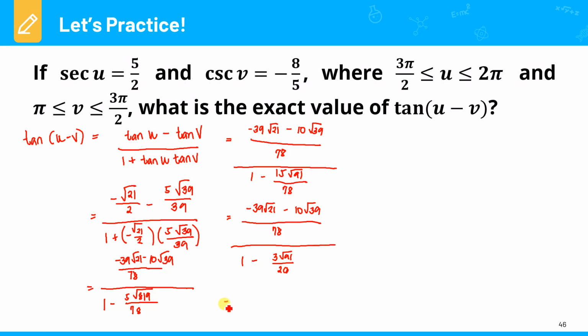Now in this case, you have negative 39 square root of 21 minus 10 square root of 39 over 78, all over 1.